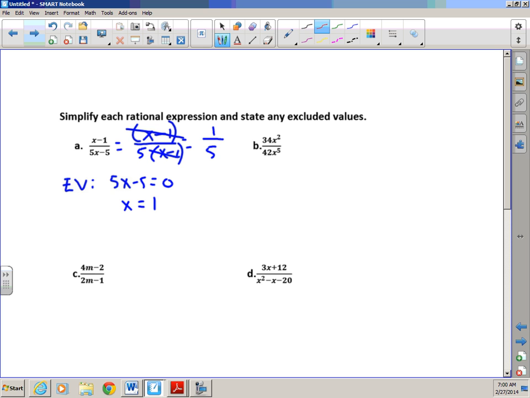In the second one, there's no factoring, so you're just canceling via common factors. 34 and 42 have a common factor of 2, so I'm left with 17 over 21. X squared over x to the fifth is left with x cubed in the denominator. And what is your excluded value? It's simply 0.